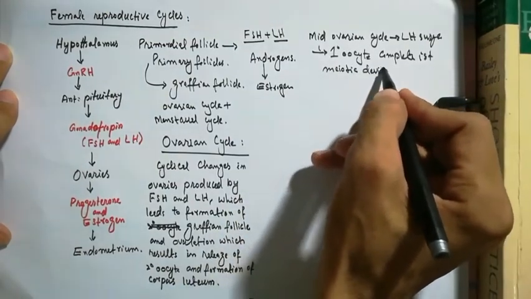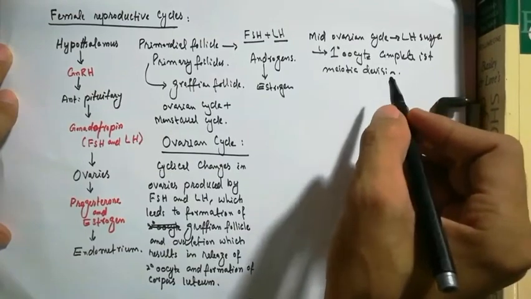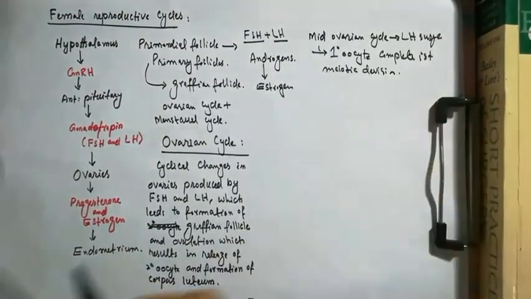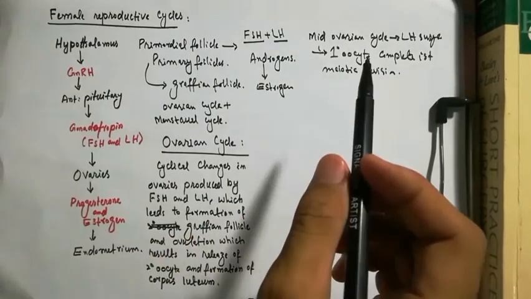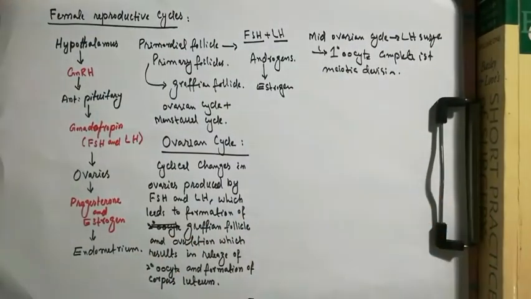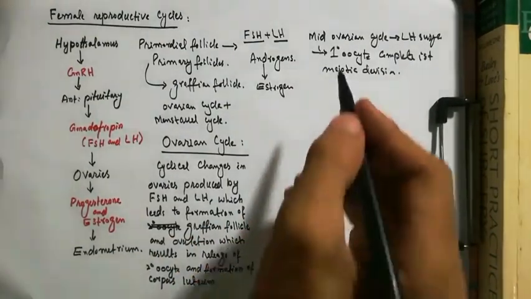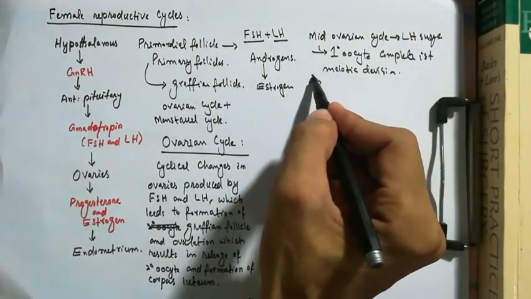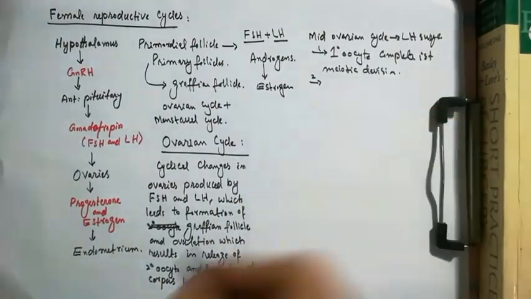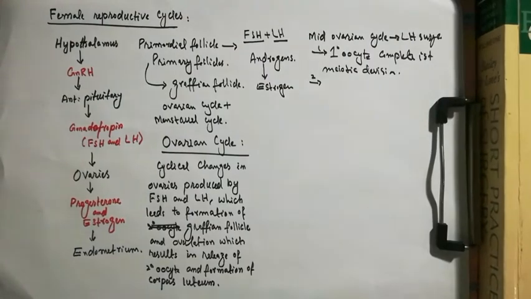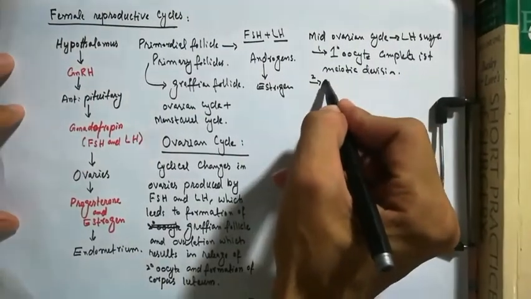And enter in second meiotic division, means it induces ovarian follicles to complete their maturation.